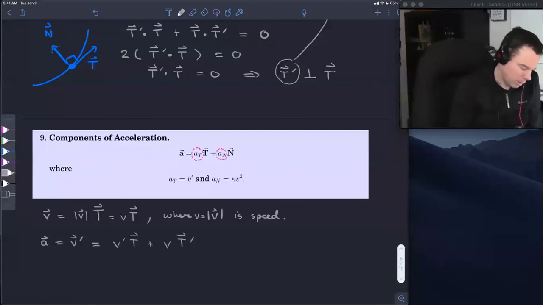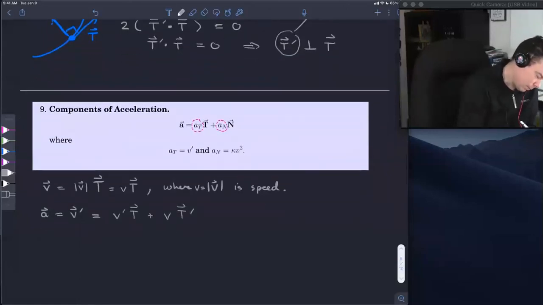We know from above that t prime, so let's just jot it down here. What is t prime? t prime is the magnitude of t prime times the normal vector.